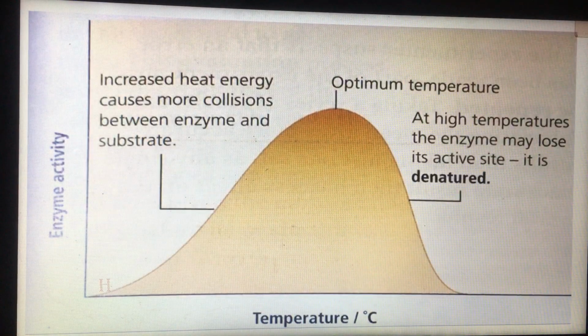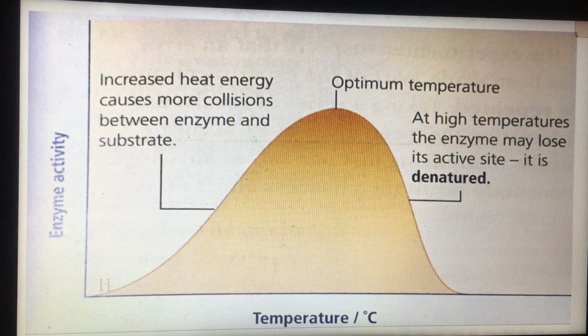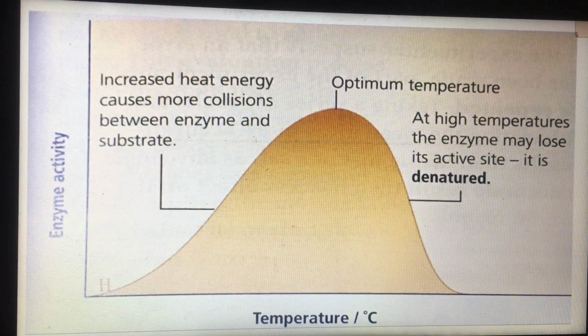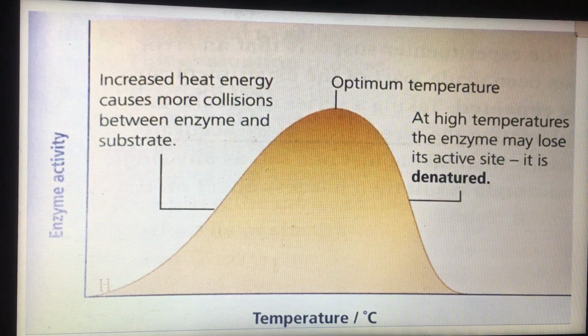Increased heat energy causes more collisions between enzyme and substrate until reaching the optimum temperature, where there is the highest enzyme activity. After the optimum temperature, the activity of enzymes starts dropping. At high temperatures, the enzyme may lose its active site; it's denatured.